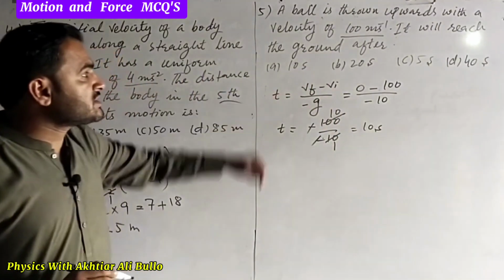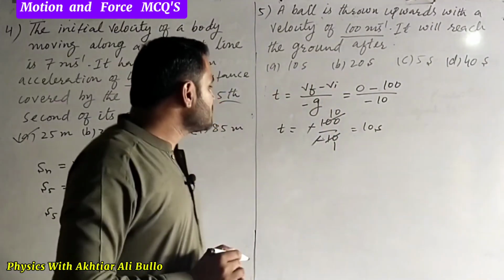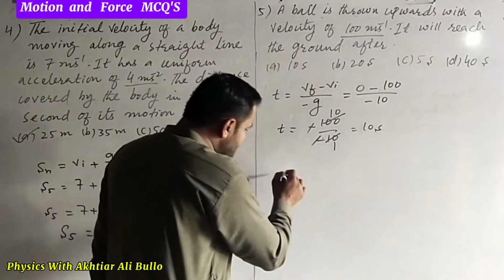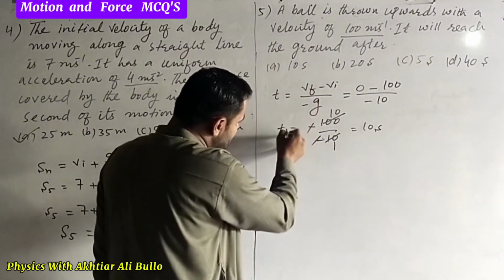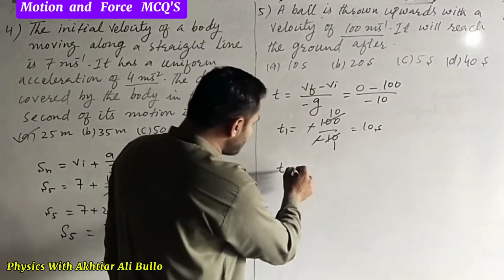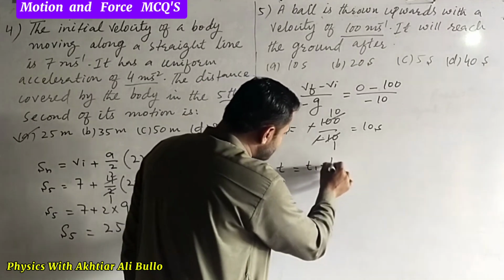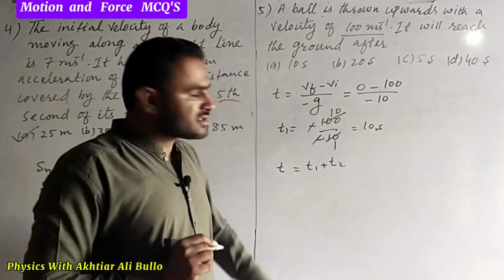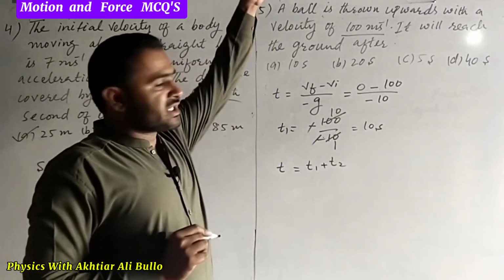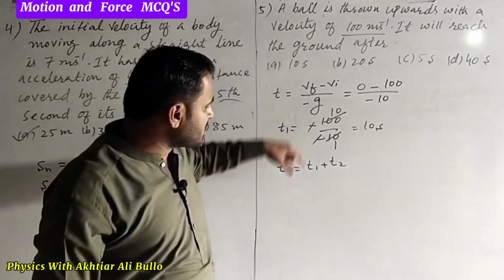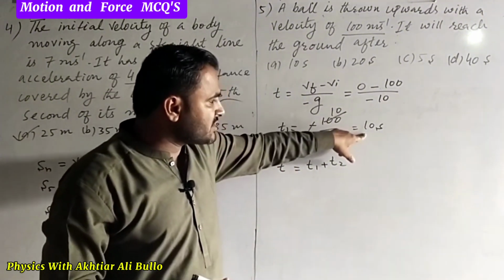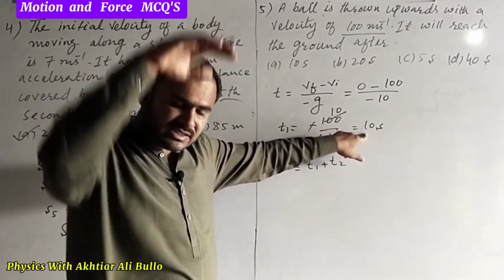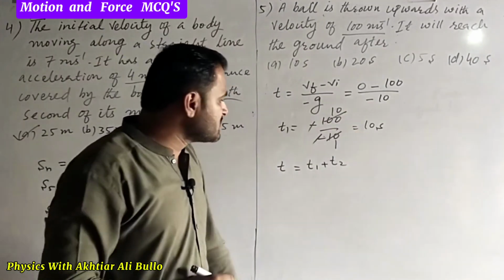Here we have to calculate the total time of flight. So the total time of flight is equal to t1 plus t2. So here t1 is 10 seconds. When the ball is thrown, it attains the maximum height and takes 10 seconds, and it will take the same time when it reaches the ground.